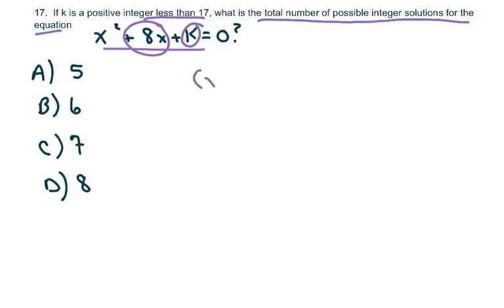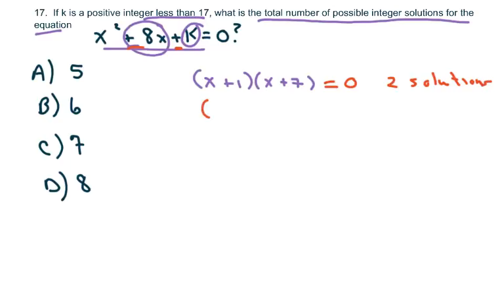So we could do x plus 1 and x plus 7. Luckily, these are all pluses, which makes it easier. And this equals 0. If you have it this way, that means 2 solutions. Okay, what else do we have?